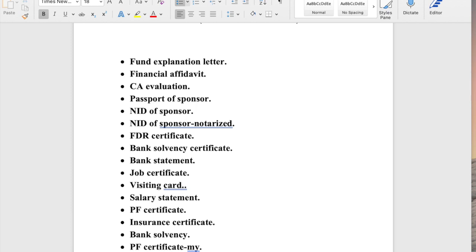The statements I provided are of 6 months. Then I provided my job certificate as well as my PF certificate, which shows my PF balance till date. This is the end of the supportings of all the liquid funds I had shown.